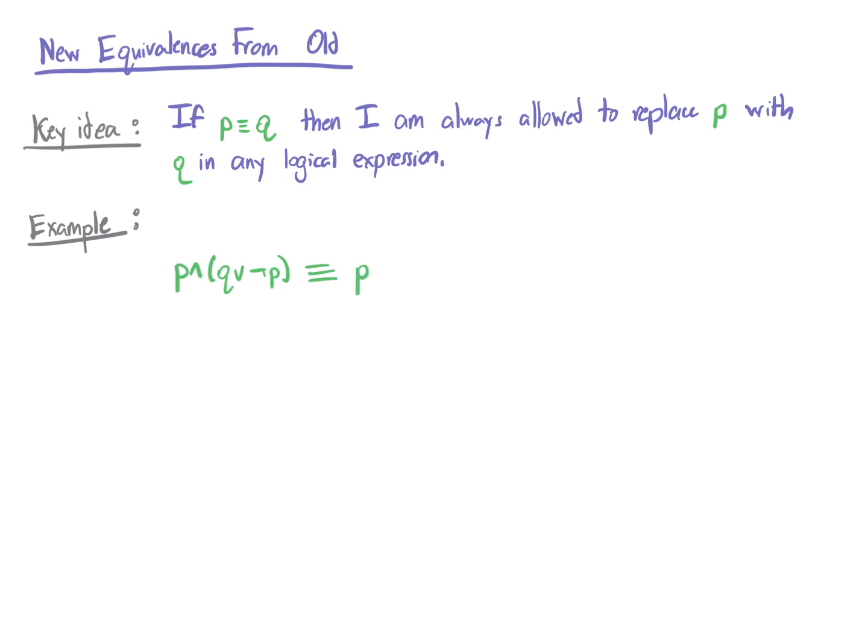So our logical equivalence is P and Q, so here that's this P and the first argument of the logical or, P and Q. Then the or goes here, and then P and not P. And this is important: on the side of my calculation, I'm going to cite what property I am using.